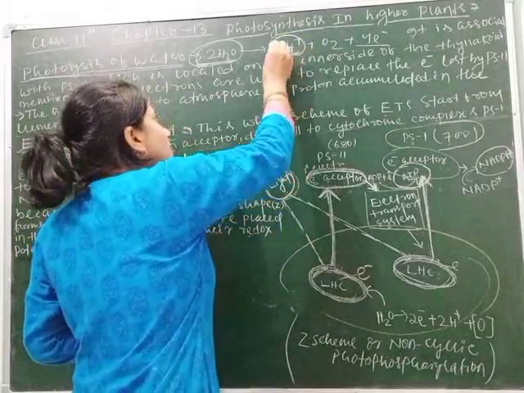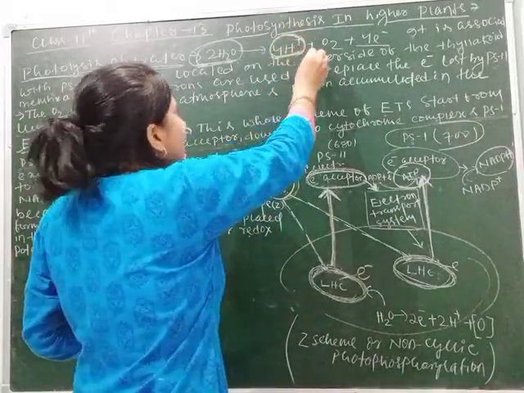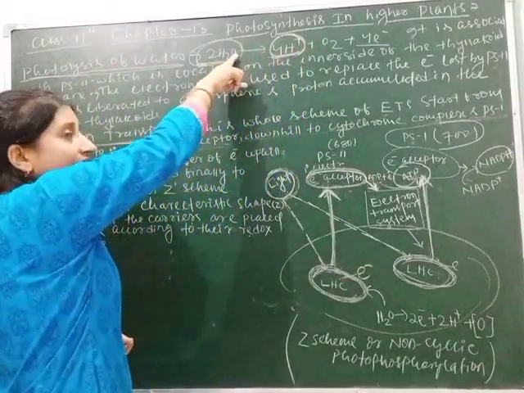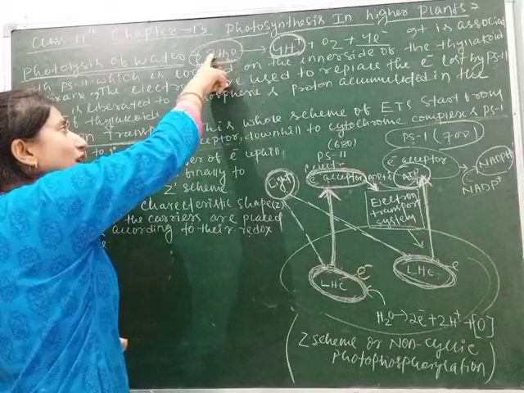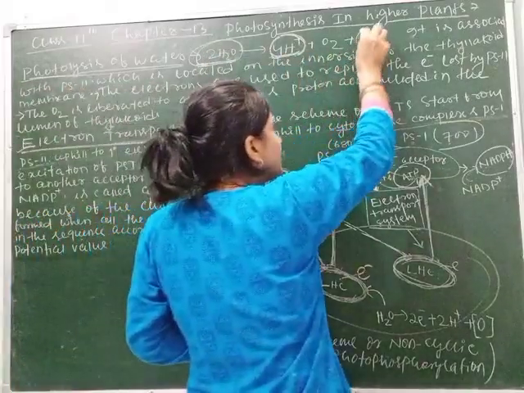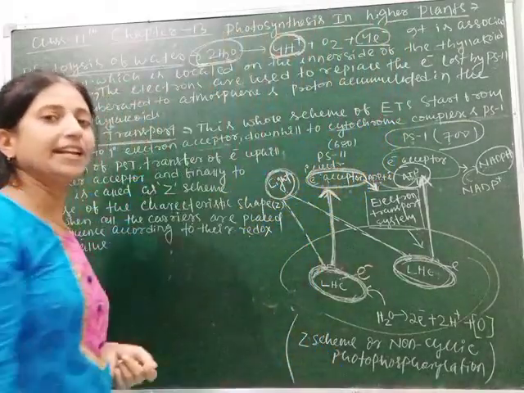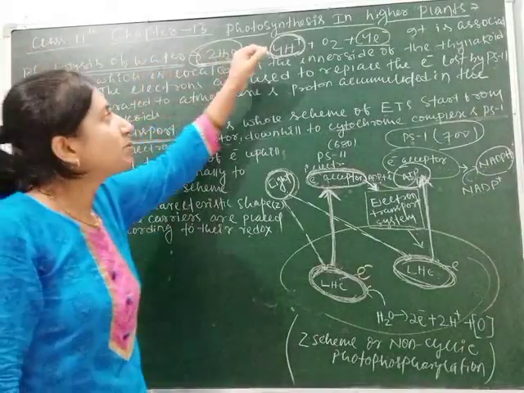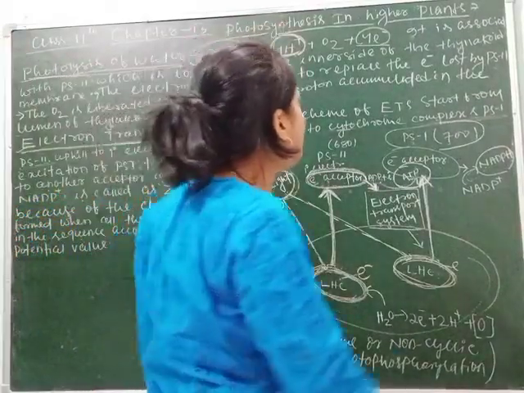How many protons? 4 protons are released. And from oxygen, which is 2 atoms here, as the valency of oxygen is 2, 2 twos are 4, so 4 electrons are also released. So during the breakdown of water or photolysis of water, it gives 4 protons and 4 electrons.